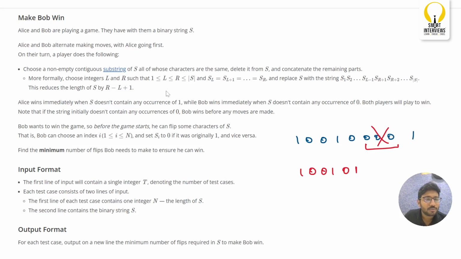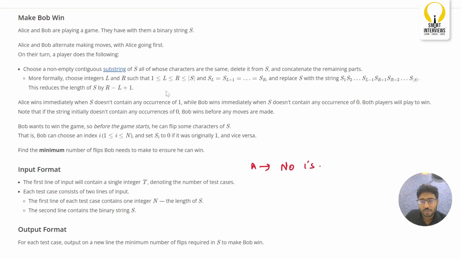Alice wins immediately when S does not contain any occurrence of 1. So let's write it over here. Alice wins when there are no ones, while Bob wins immediately when S does not contain any occurrence of 0. So he wants no zeros.